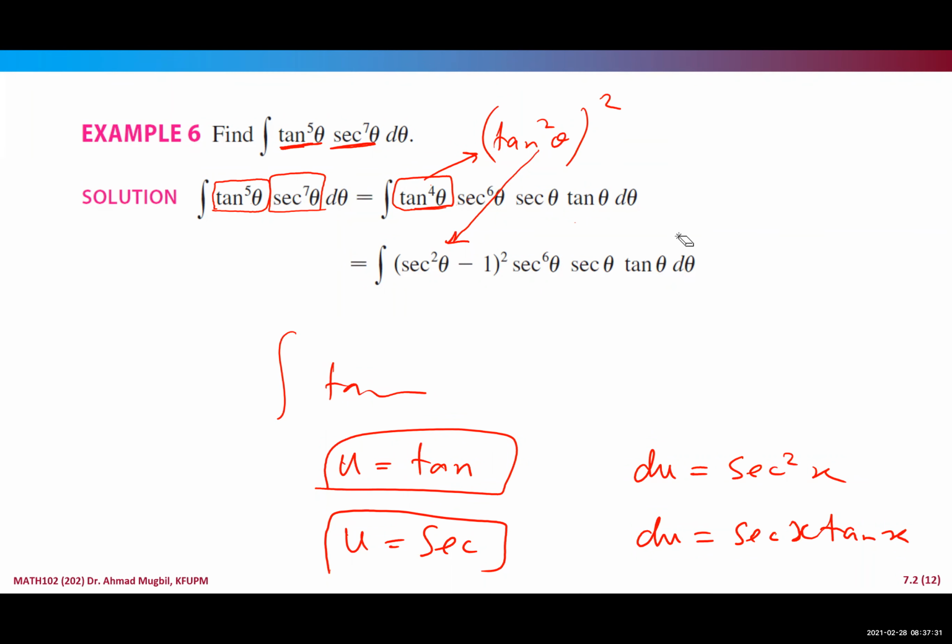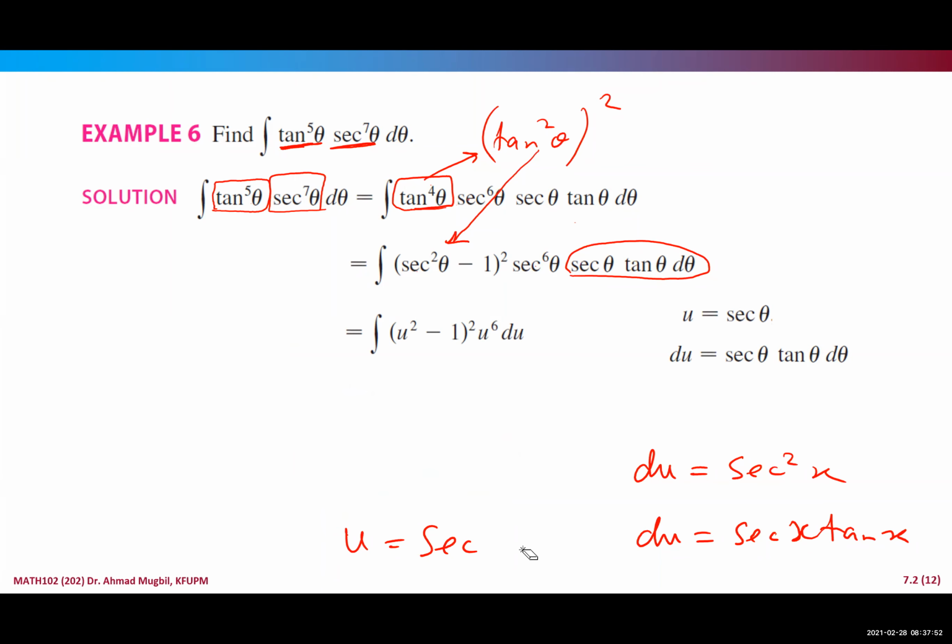Now this is secant to the power 6. This is my du. I will keep it. Now this will be my u. I will put u equals secant. This is just u squared minus 1 squared, u to the power 6, and this is du, because if you put u equals secant, du will be secant theta tan theta.